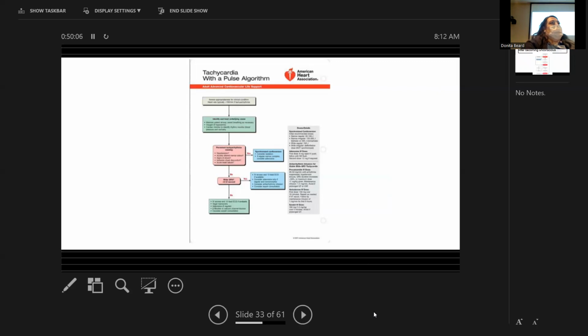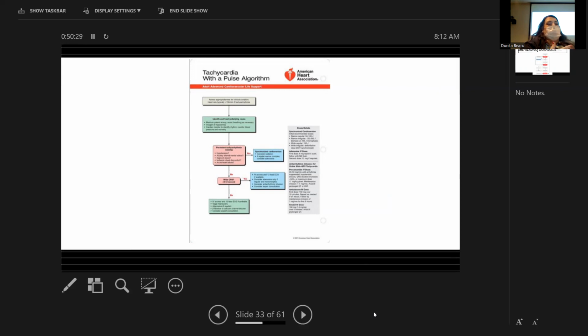So if they start to develop hypotension, but they're still awake, this is the time where you have to do what's called synchronized cardioversion, which basically means, you may have all done this, you hit the sync button on the code cart, because that syncs it up with the QRS complex, and it helps the timing of delivering the shock.